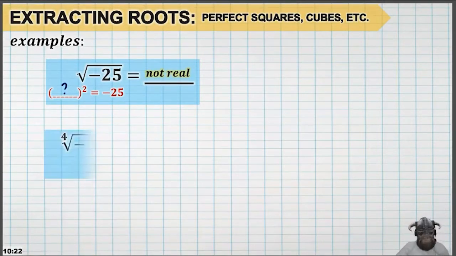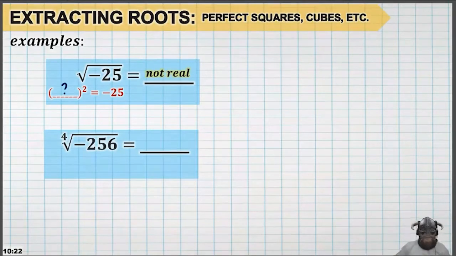Okay, next question. What is the fourth root of negative 256? Sige nga, what's your answer? Yan, so may sagot na si Charlie. Ano sa tingin nyo? Pwede kayong tumingin sa table, kung meron kayong table dyan. Okay, may sagot si Jeneline, si Darren. Yan, very good. So, a lot of you answered not real.